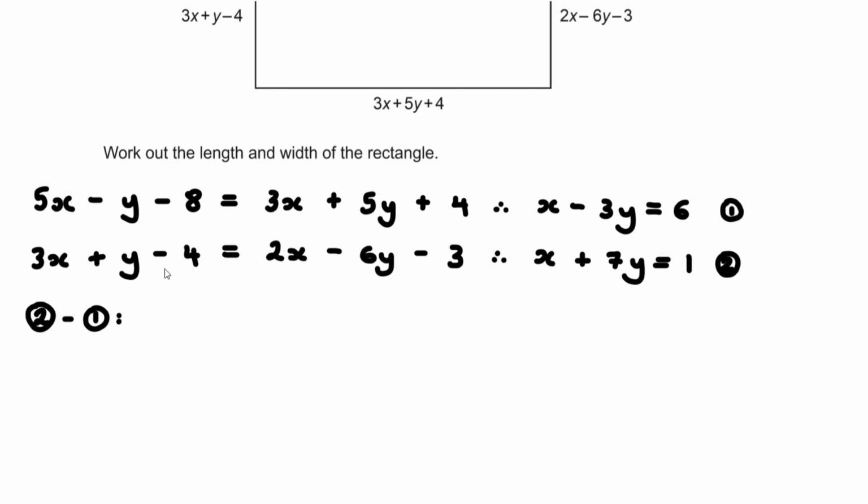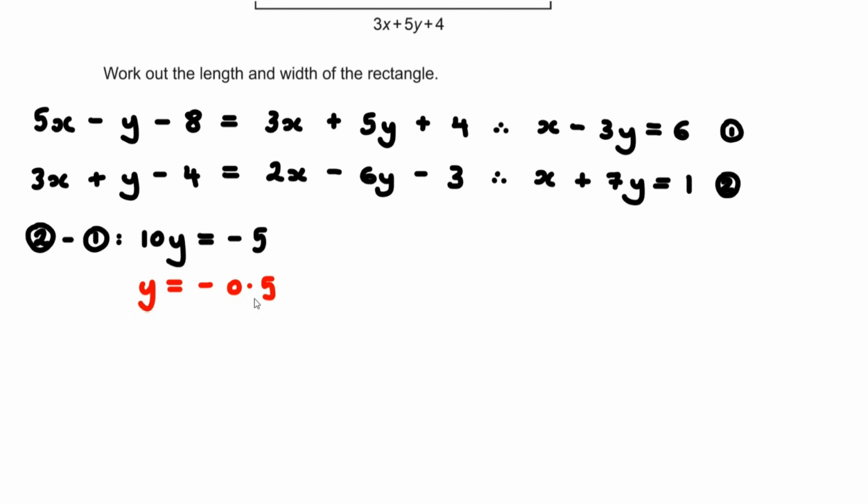And if I do that, 7y subtract negative 3y, that's 10y. 1 subtract 6 is negative 5. So I've got 10y equals negative 5, which means y equals negative 0.5.